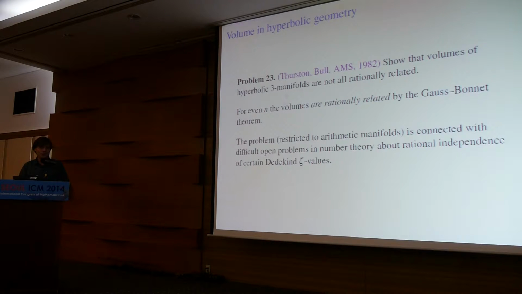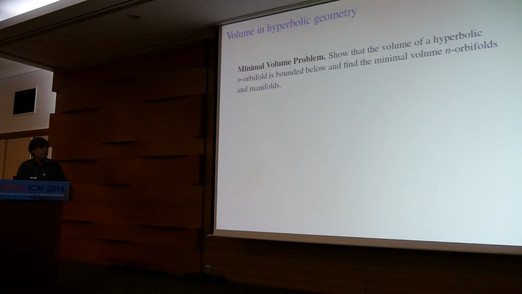There was a beautiful talk yesterday by Francis Brown about periods and relations between zeta values. However, there was spectacular progress recently, but in different directions. So this direction is completely unreachable so far.